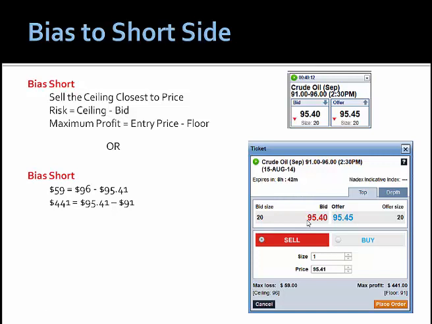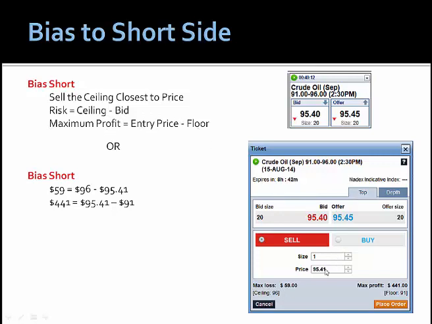What about if we had a bias to the short side? Then we're going to sell the ceiling, which is the price on the right hand side that is closest to price. Again, it would be the $96 area. Your risk is the ceiling minus the bid price on entry. The maximum profit is the entry price minus the floor.